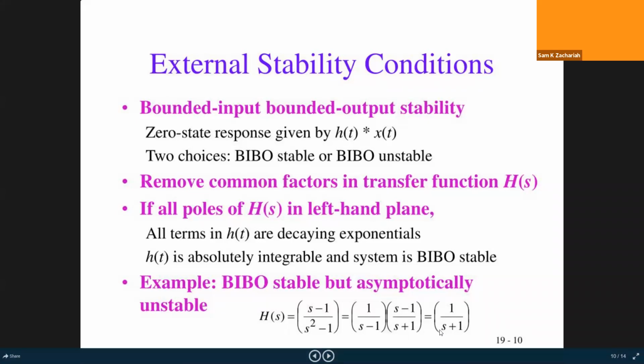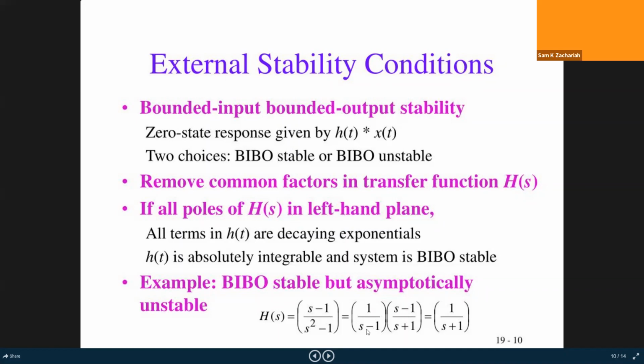That is, as t tends to infinity, it will decay from unity towards 0. In another way, we can say that the root of the denominator is minus 1. It is in the left half of the S plane. So such a system is called a bounded input, bounded output stable system. Its requirement is that all the poles of H(s), that is the transfer function, should be in the left half of the S plane after removing all common factors of the transfer function.